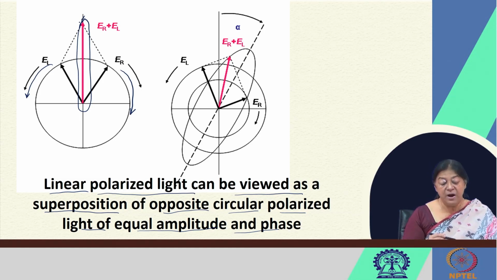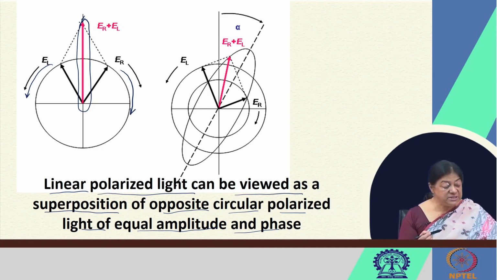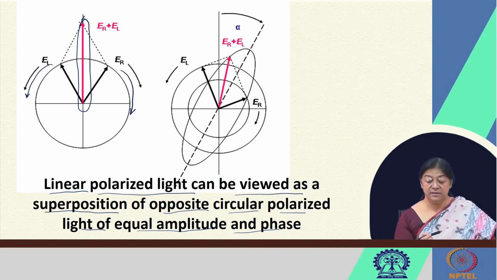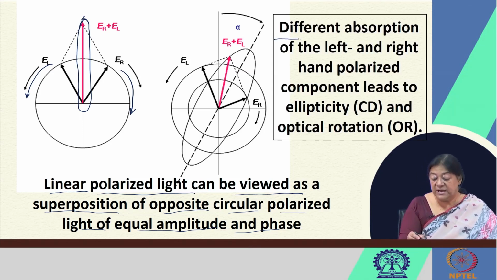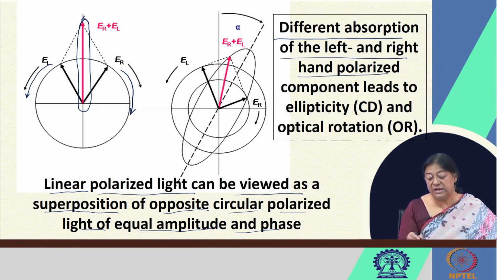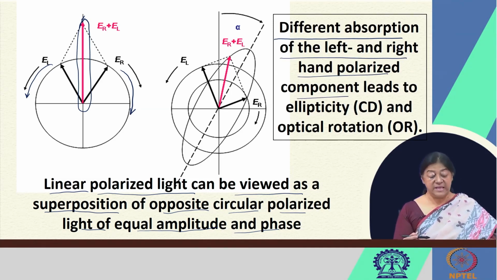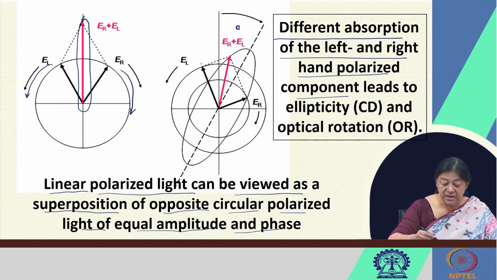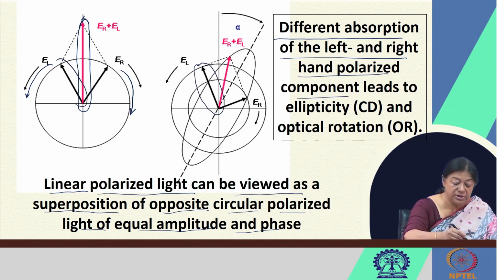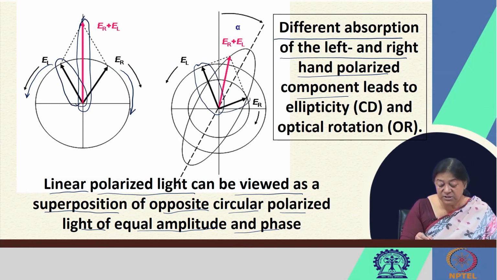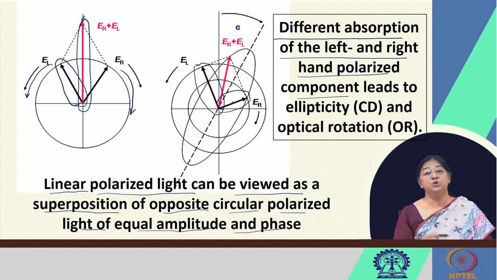Now, if our sample absorbs preferentially one particular type of light, resulting in different absorption of the left and the right handed polarized light, we can see here the left component is the same as it was originally, but part of the right component has been absorbed.